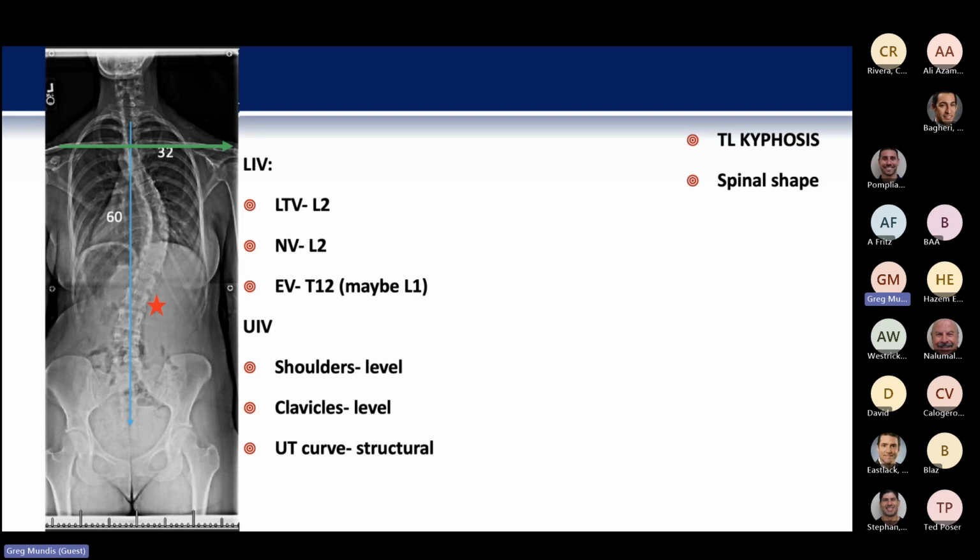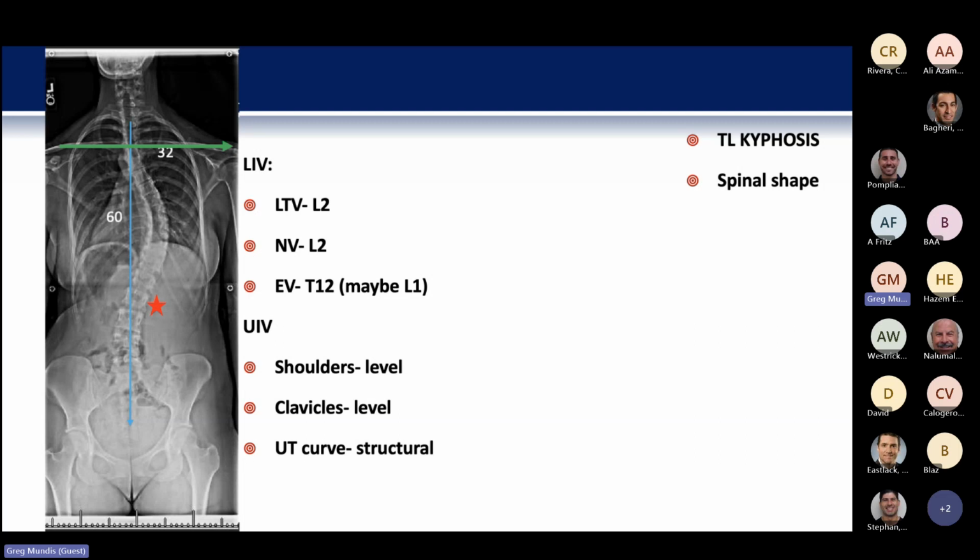You could argue maybe L1, but L2 would be pretty safe. The end vertebra of the Cobb is T12, maybe L1. When you put all three of those together, and given her age, she was a little bit older, I think she was 18 when she had surgery, those things say LIV should probably be somewhere around L2.